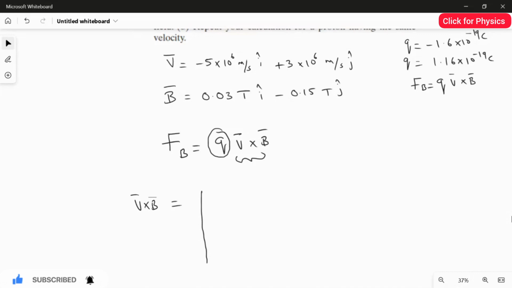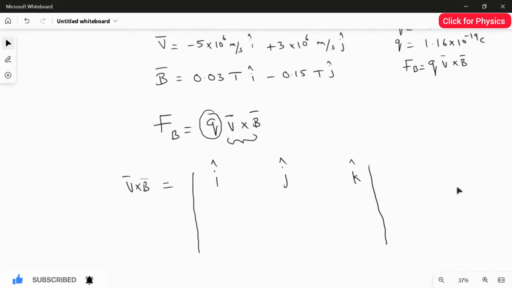When you go for finding a cross b, or v cross B, we have to go for the matrix type: i cap, j cap and k cap. This is the rule, and we have to substitute the values here. First I am going to substitute the velocity.